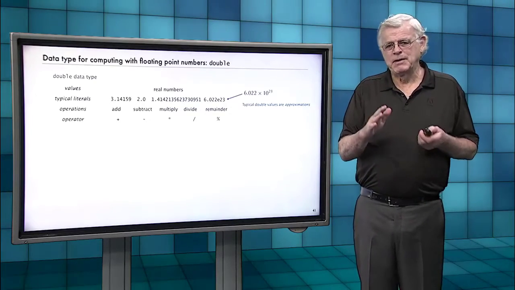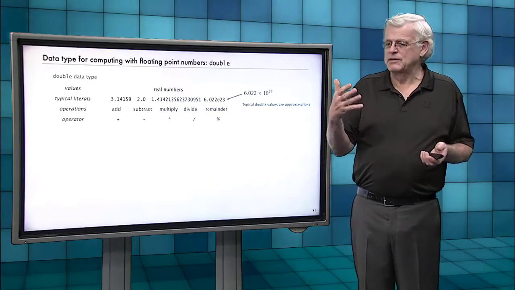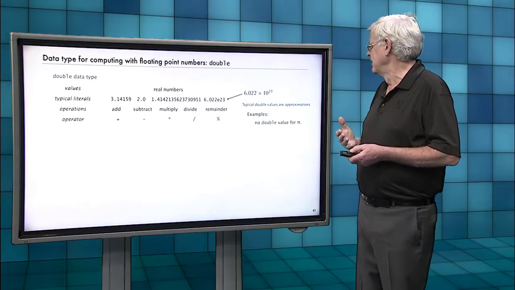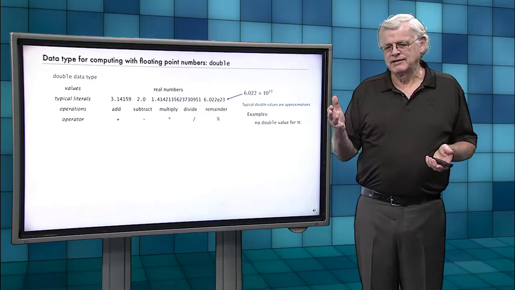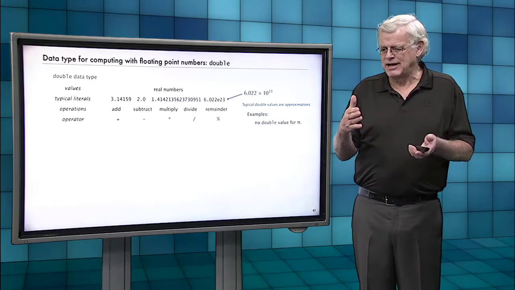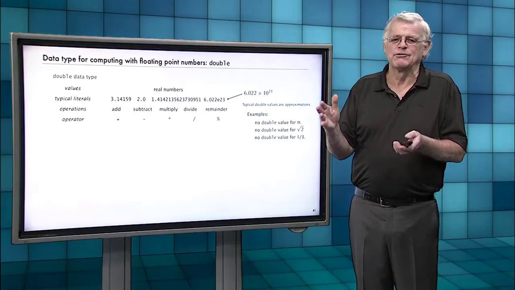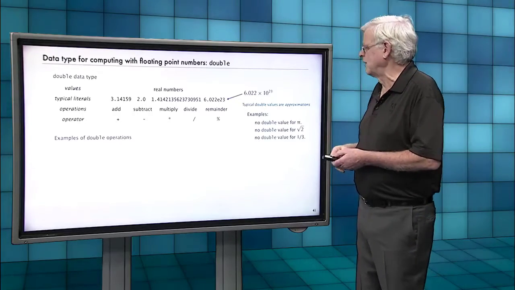Now, it's important to remember that often, or typically, double values are approximations to the actual number you might be thinking about. Like, there's no double value for pi. A representation within the computer can only have a finite number of values, or for square root of 2, or even for 1/3. In Java's representation, there's no double value. There's one that's extremely close, but it's not exactly equal to 1/3.